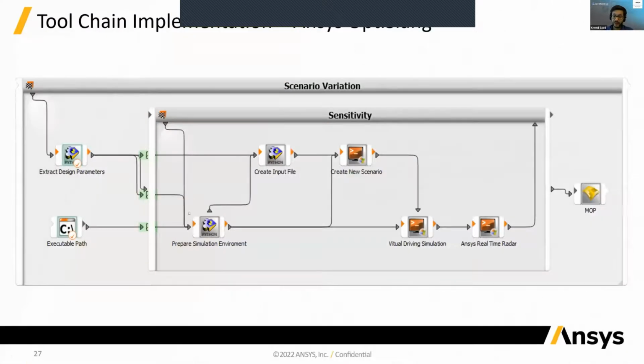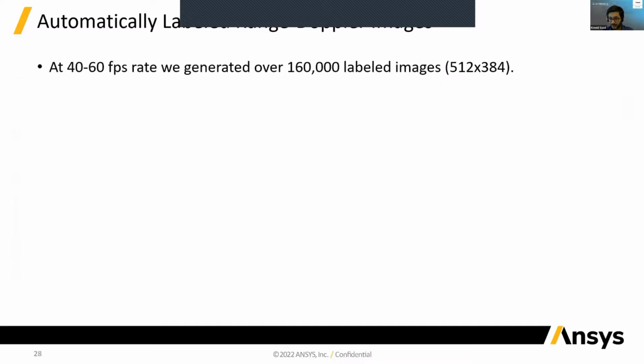What we have done is we have built this toolchain that goes through the scenario variation, and based on a predefined set of parameters, it can automatically generate a big amount of sensors or scenarios that will be fed to this driving simulator and the sensor simulator, and then provide you with the output as labeled data.